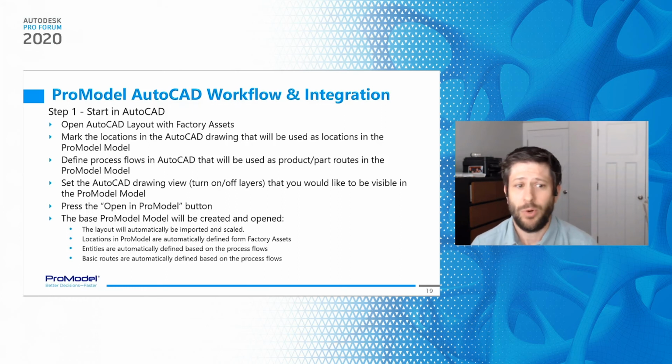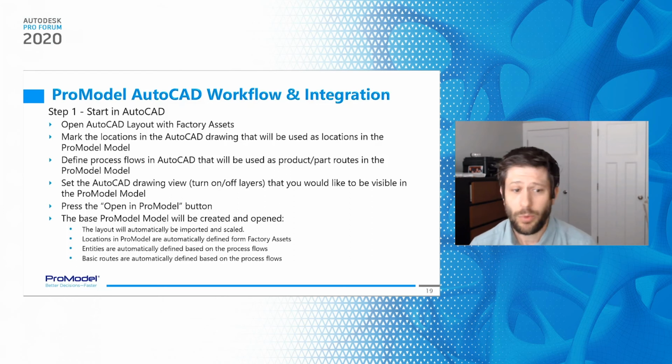We define a process flow all within AutoCAD, and that will be used for our product or parts to route from location to location inside of ProModel. We set the AutoCAD drawings views on or off, whichever ones we want to be visible inside of our ProModel model, and then you simply open the CAD drawing within ProModel.